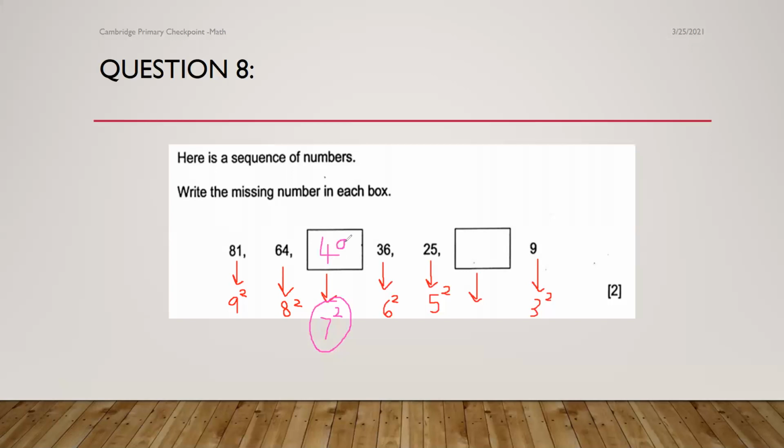Similar way, you can identify the other thing. 9, 8, 7, 6, 5. So this should be 4 squared. So what is 4 squared? 4 times 4, it's 16, right? For this question, you will get 8 marks, right? So first you study the pattern. After that, you have to identify the pattern and then you find the missing values, right?